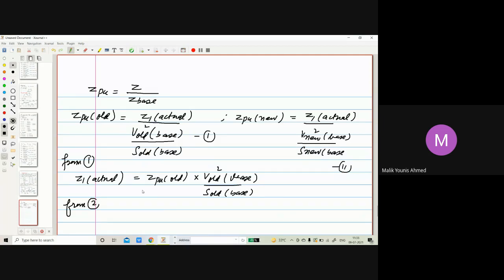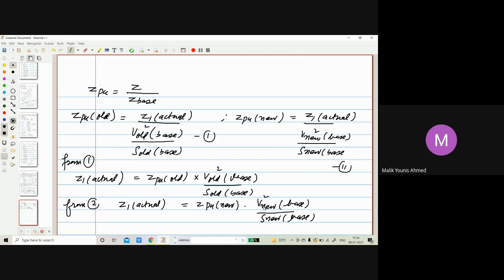From second, I will again get Z1 actual. Z1 actual will be Z per unit new multiplied by V new whole square base divided by S new base.